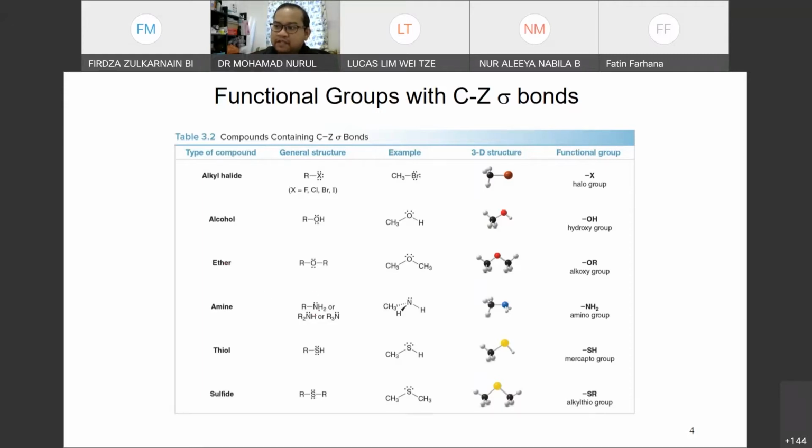Amine is RNH2, the amino group. Thiol is SH, and sulfide is S. If we replace the H of a thiol with an R group, it becomes a sulfide. It is similar to ethers, but the difference is that ethers have the heteroatom oxygen, while this one has sulfur.